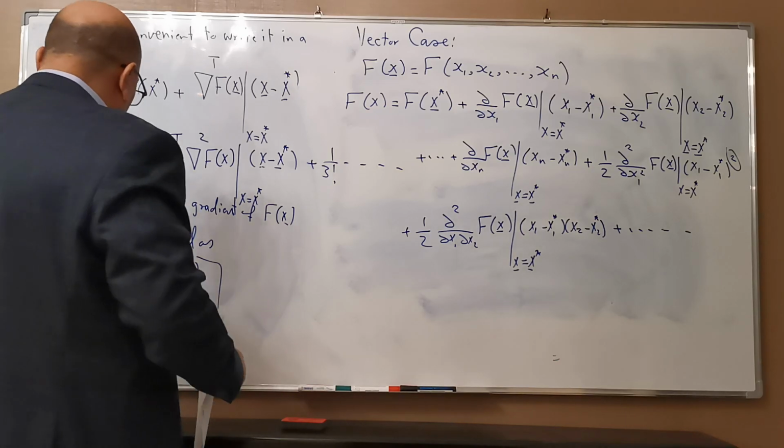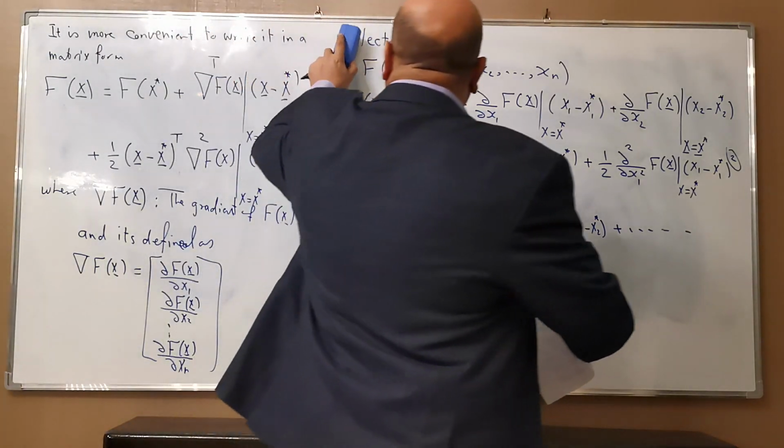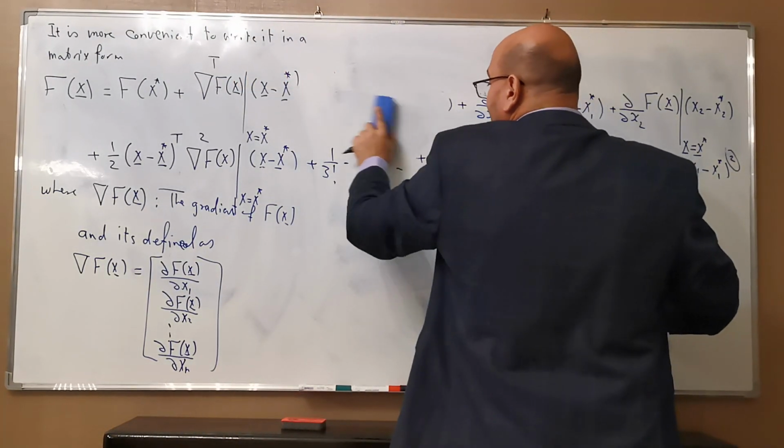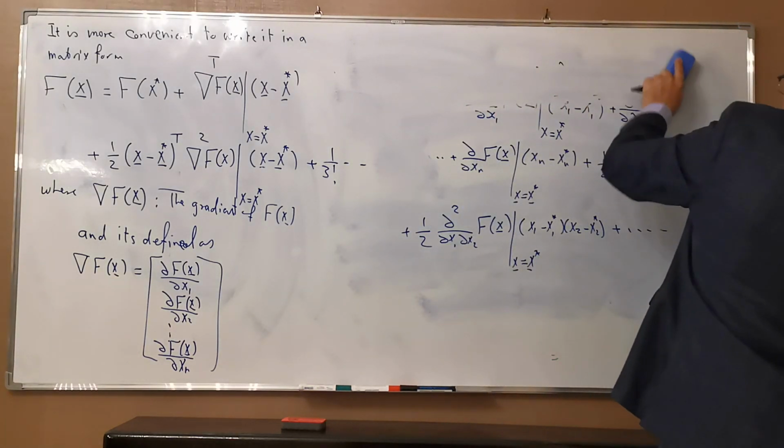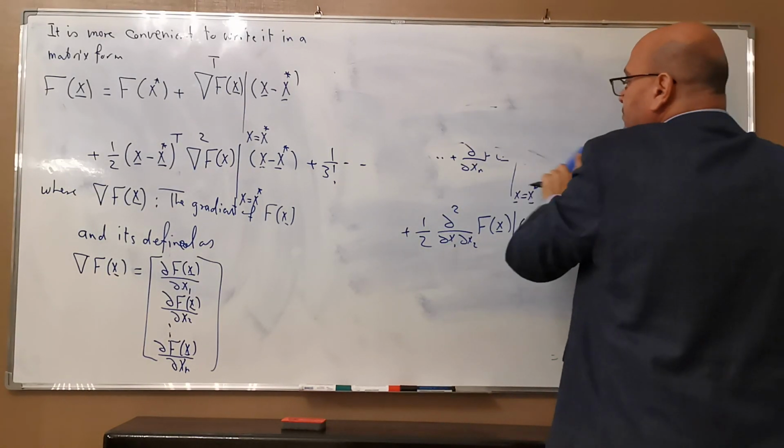So this is the definition of the gradient, while the del squared operator is called the Hessian, and it's a matrix.